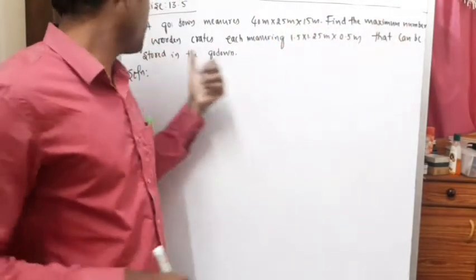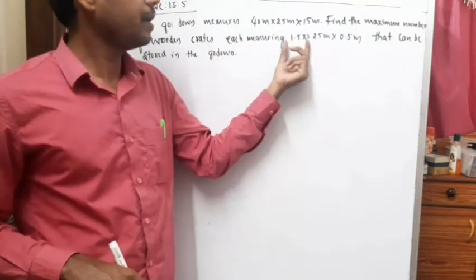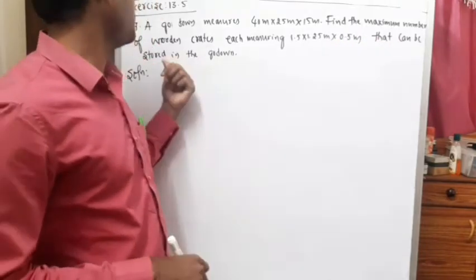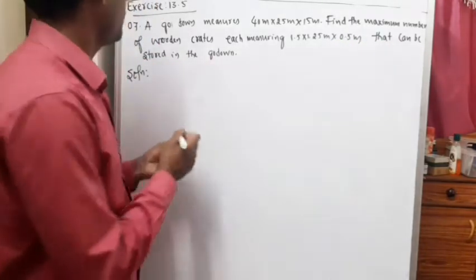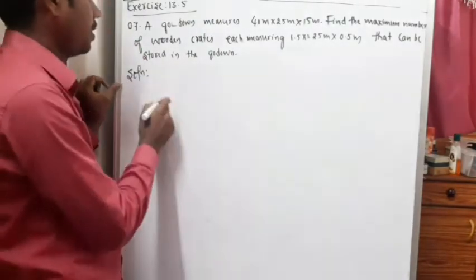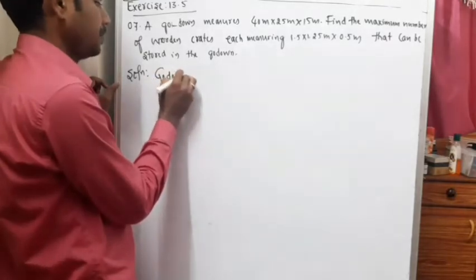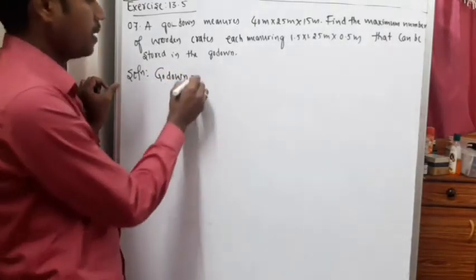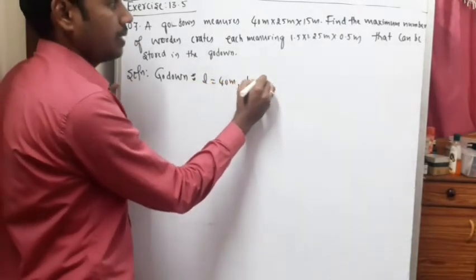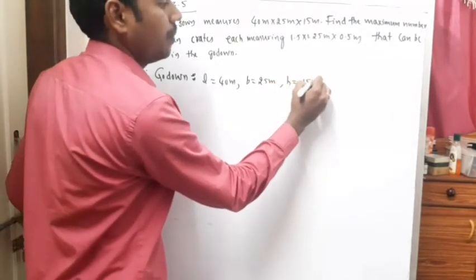Find the maximum number of wooden crates, each measuring 1.5 meter by 1.25 meter by 0.5 meter, that can be stored in the godown. Now, first for the godown, what are the measurements? Length is 40 meter, breadth is 25 meter, and height is 15 meter.